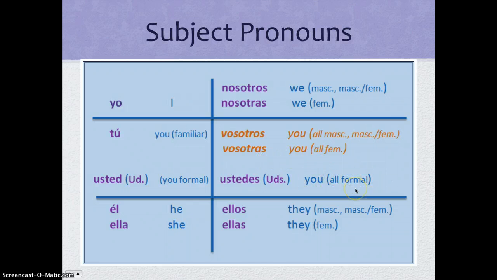Now, if you're speaking to a group of elderly people, you would use the formal version of you all, which is ustedes. To say they, and you're referring to a masculine group or a masculine and feminine group of people, you say ellos. To say they, and you're referring to just a feminine group of people, you say ellas.